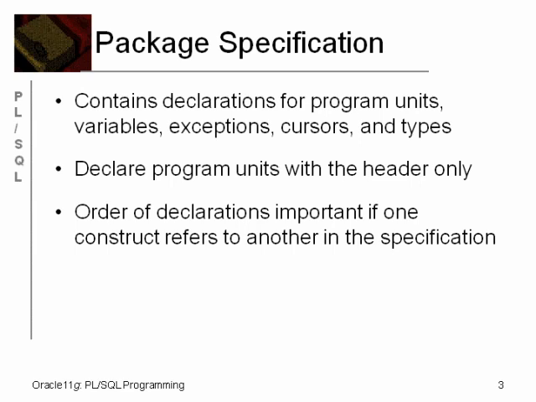The package specification, first of all, is really where we declare all of our program units. So it contains the declarations for the program units, and any variables that are used throughout the whole package. You can also define exceptions that are valid for the entire package inside your specification.